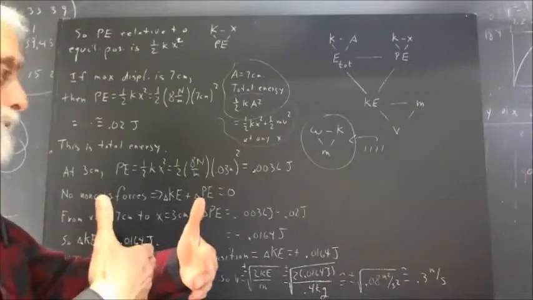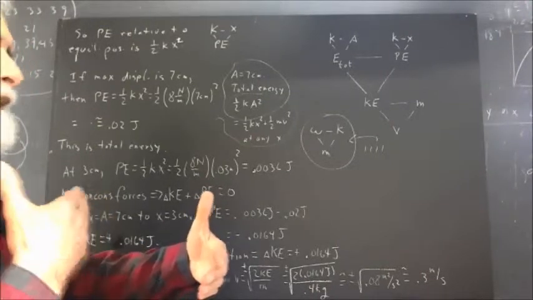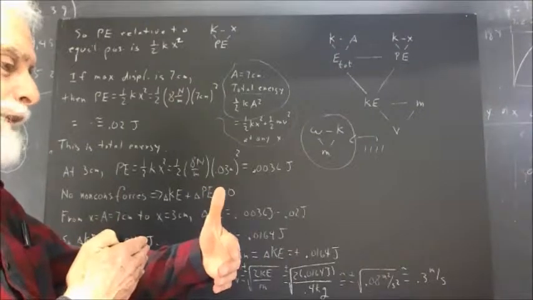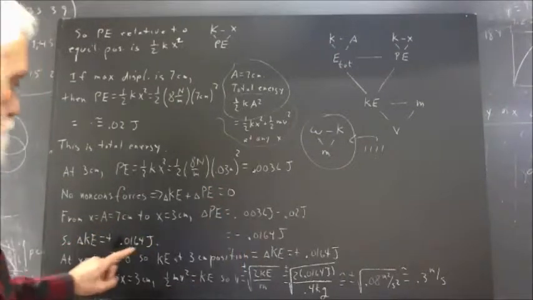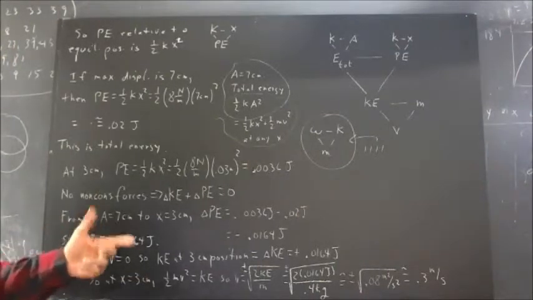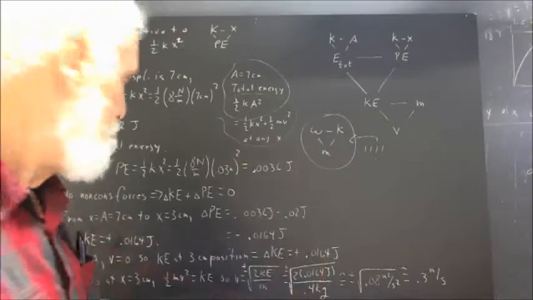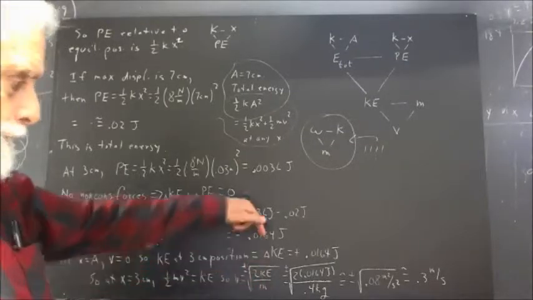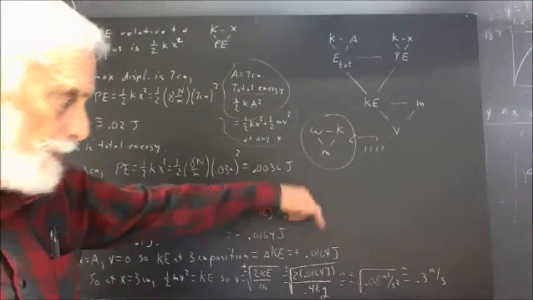We lost 0.0164 joules. At the maximum displacement, our kinetic energy was 0. So we've gained the 0.0164 joules of kinetic energy, starting with 0, meaning that we now have kinetic energy of 0.0164 joules. So the kinetic energy at the 3 centimeter position is the change in kinetic energy.